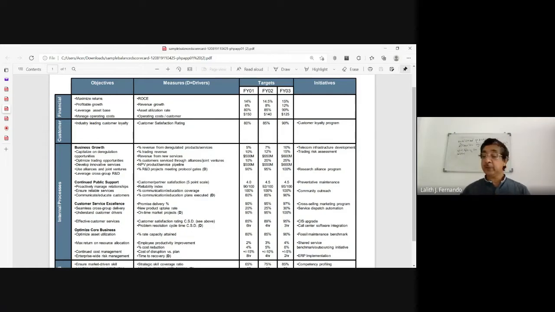For example, if you have a particular service, say service breakdowns, you can put them into two categories. Service breakdowns recovered within, say, 10 minutes, and other service breakdowns where it took more than 10 minutes.